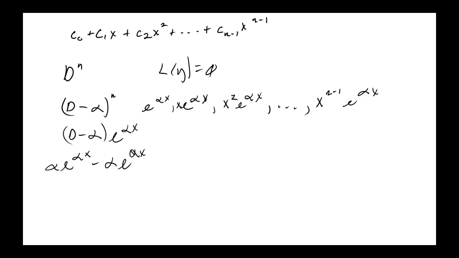Okay? Now, if you had D minus alpha squared, it would eliminate that one for sure, but also the next one. Okay? So let's do that. That would be D minus alpha times D minus alpha times your f, which is x e to the alpha x.